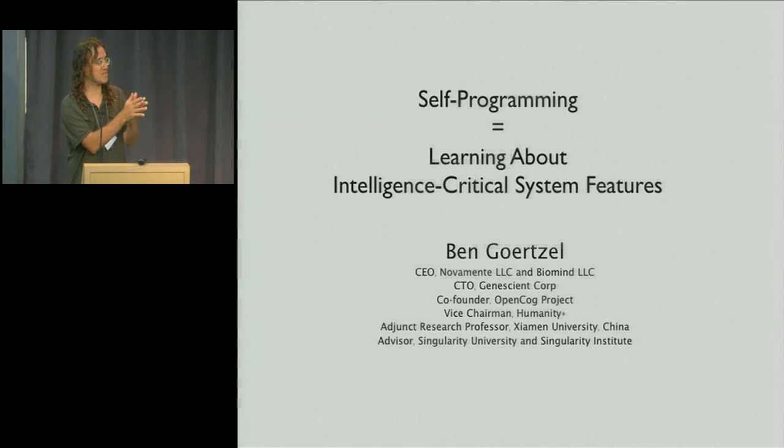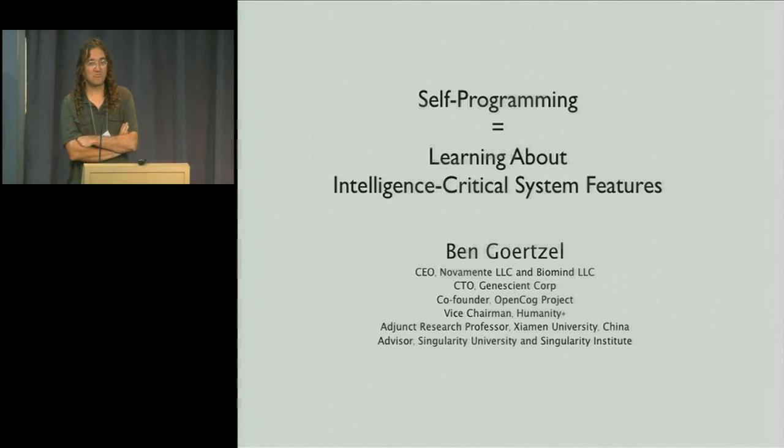Is that really a crisp distinction, or is it a fuzzy distinction between your knowledge and your programming? So I wound up spending some time trying to clarify that to myself. Just what's the difference between learning and self-programming, and ended up just submitting a short paper on that theme, trying to clarify what does self-programming actually mean.